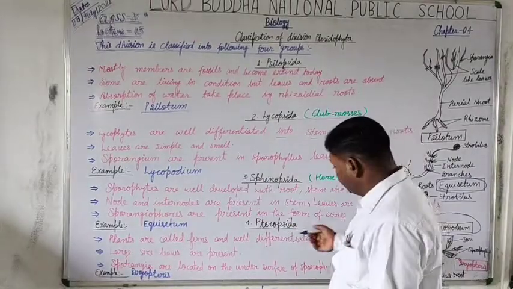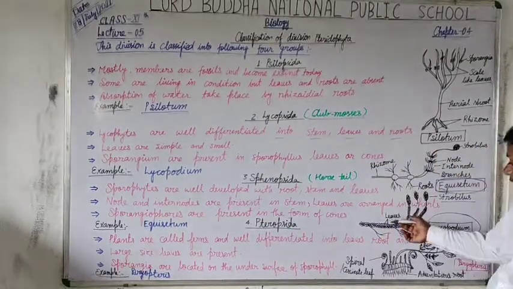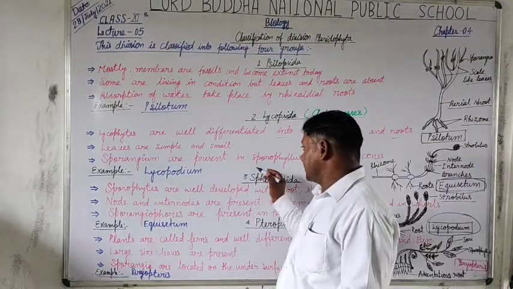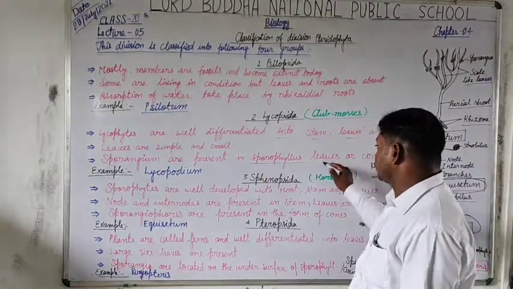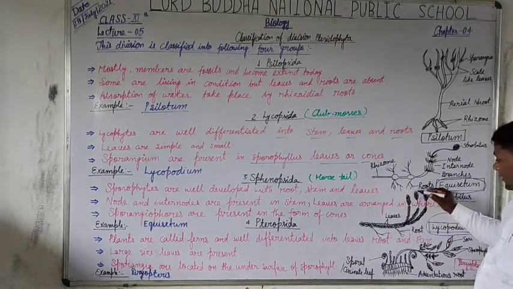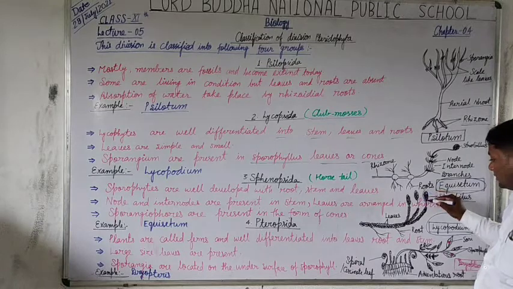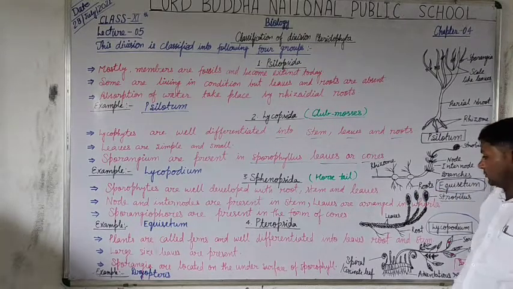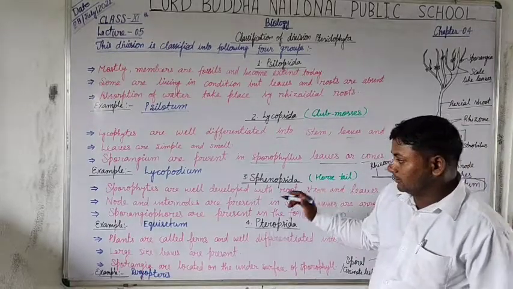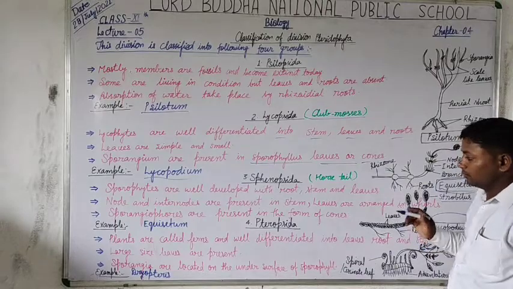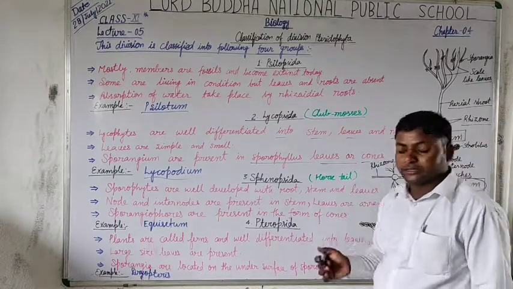Leaves are simple and very small, as you visualize very well. Sporangia are present on sporophyllous leaves in the form of cones, as you clearly visualize. The example is Lycopodium.